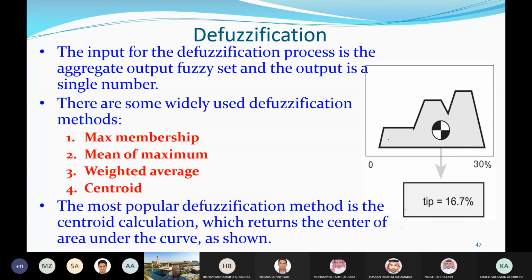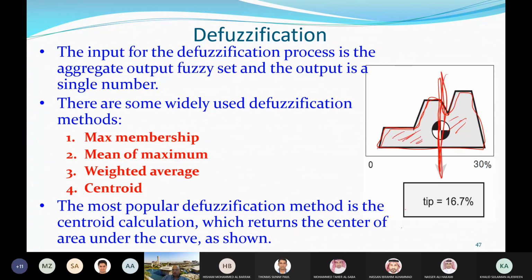And this is an area. This is the collective output of the rules, right? Yes. So you can calculate the area here and the center of the area. You can say this area here is equal to the area here. This is the center.